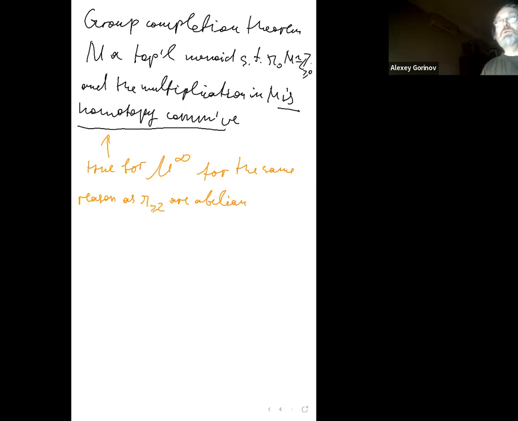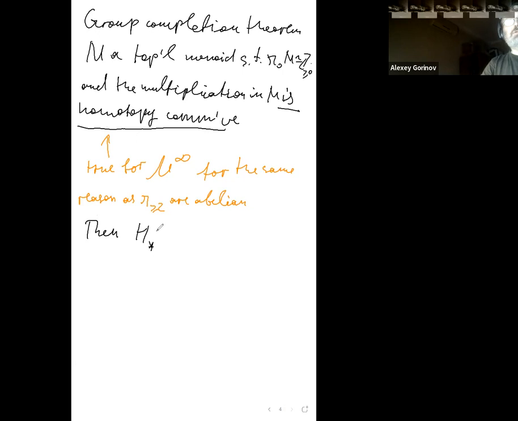We will see this in more detail when we get to these questions. Then we have the following isomorphism.